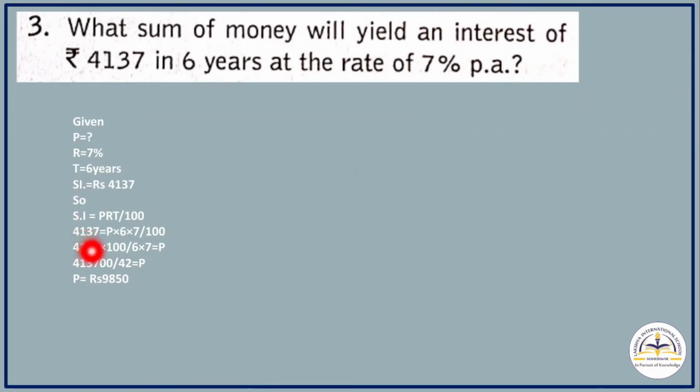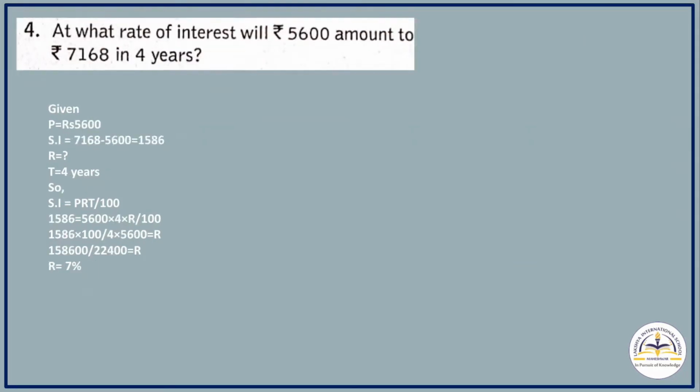Here simple interest value is 4137 equals P, that we have to find out, into 6 into 7 divided by 100. Now this 100 will go with the multiplication of 4137 into 100, and this 6 and 7 will be in the divide. Now when you divide this number, you will get the principal amount, that will be rupees 9850.